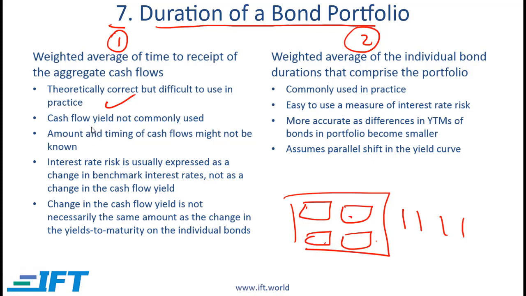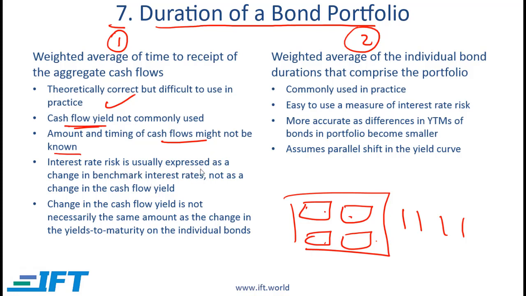Effectively, what we are doing here is coming up with the cash flow yield, and this is not commonly used. The amount and timing of cash flows might not be known because some of these bonds might be bonds with call options or put options. Some of these might be mortgage-backed securities which are interest rate sensitive, so the timing as well as the amounts might not be known.